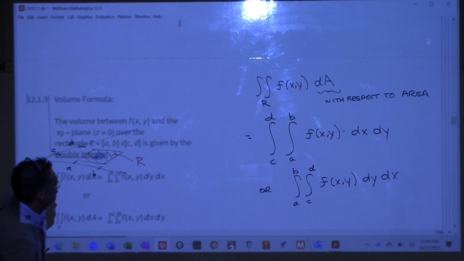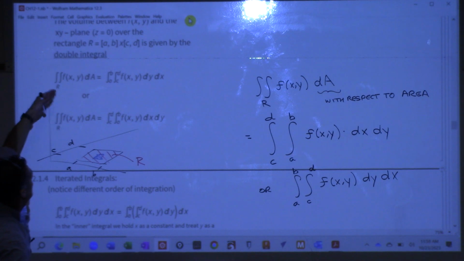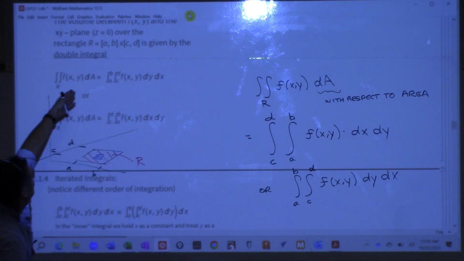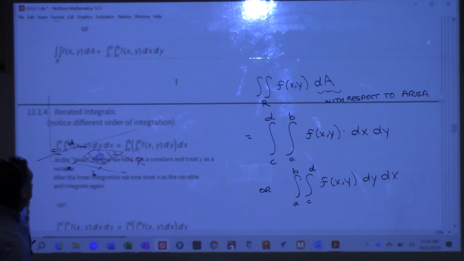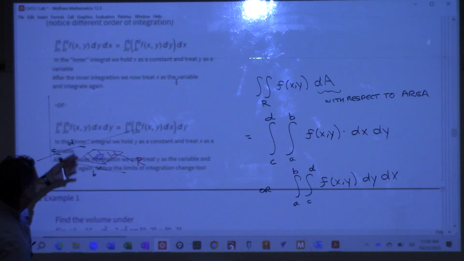I'm trying to think, do I want to do an example? That's this notation right here. This is exactly the same thing I just wrote there. We're going to do an example now.